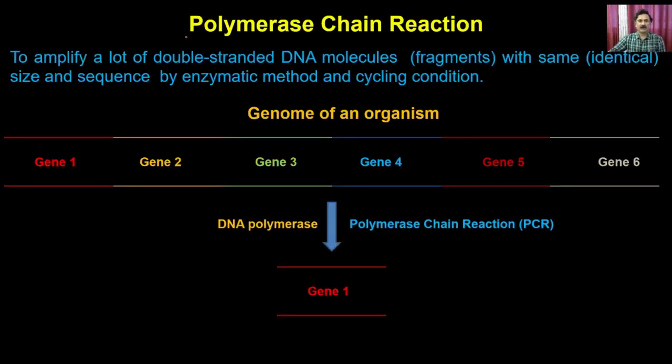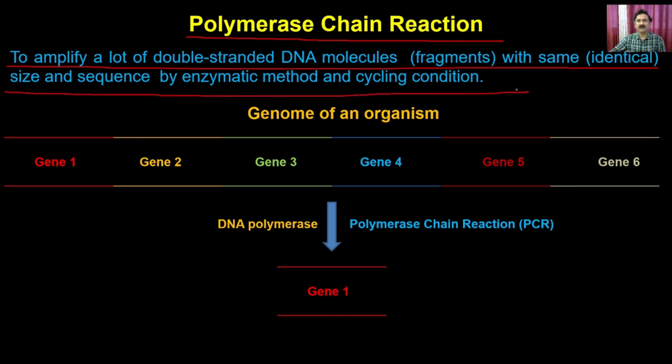So what is the polymerase chain reaction doing? It is amplifying a double stranded DNA with the same size and sequence by an enzymatic method and under cyclic conditions. If you recall, we have discussed how the polymerase chain reaction can be used to isolate a DNA fragment from the genome of an organism.